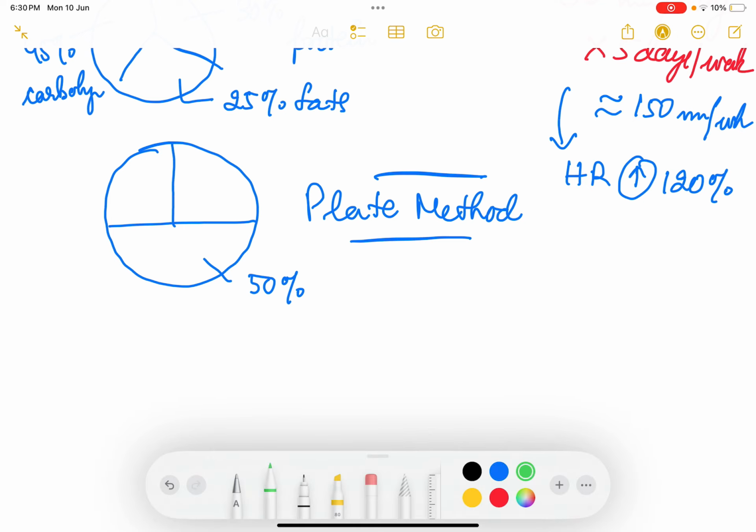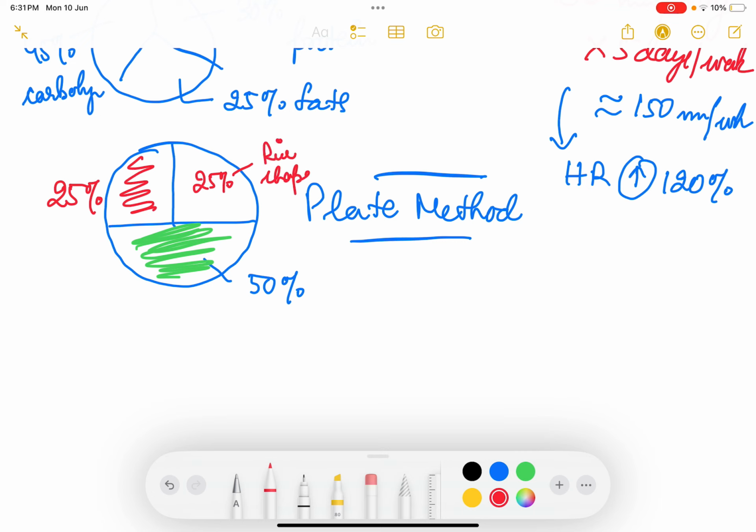The rest of it will be like 25% saffron. This means all the dal and pulses and everything should be there, and the remaining 25% should be white, consisting of your rice and chapati. Rice and chapati should be 25% of the plate. So this you will explain to the patient.